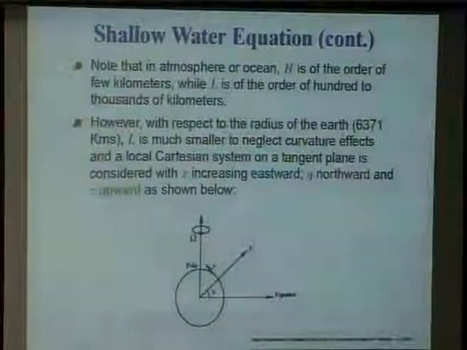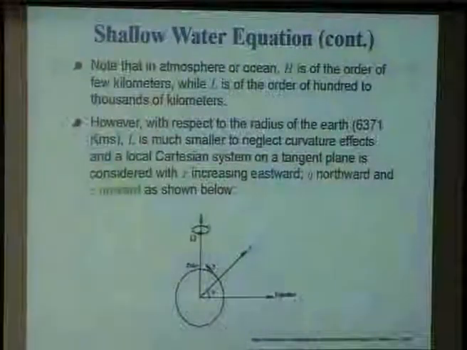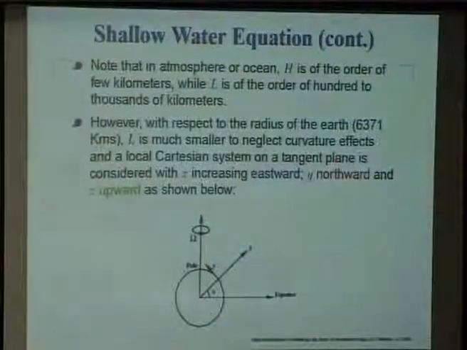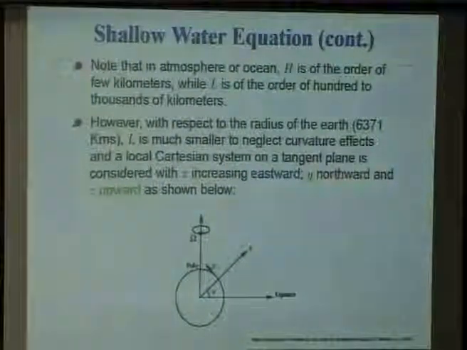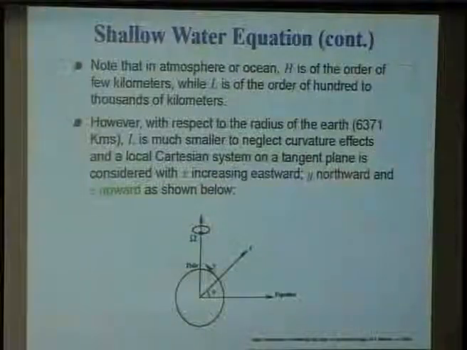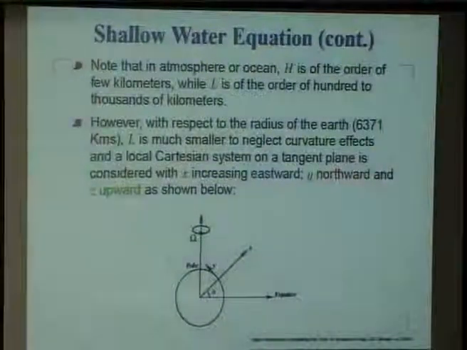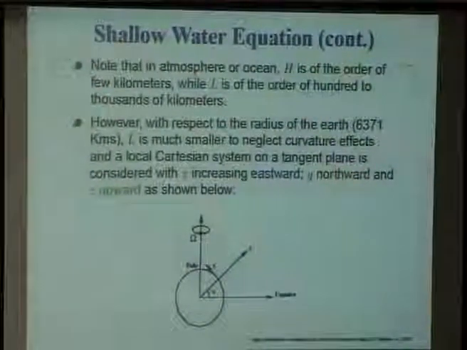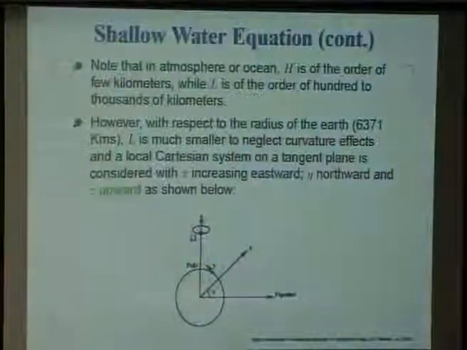We define z perpendicular to the surface, y directed towards the pole, and x perpendicular to the plane of the figure. In this context, the way the earth is rotating, x should point eastwards, y is northwards in the latitude direction, and z is of course normal to the surface of the earth.